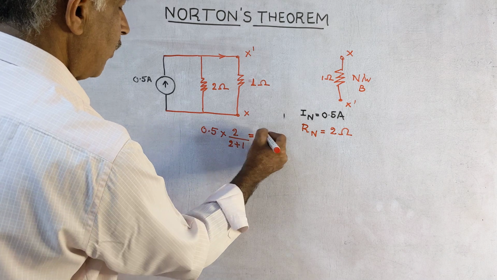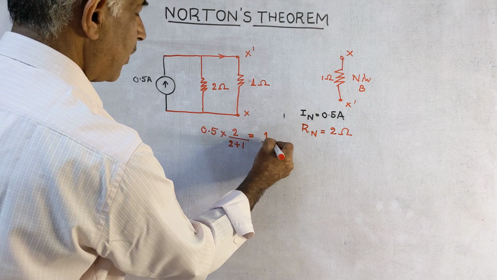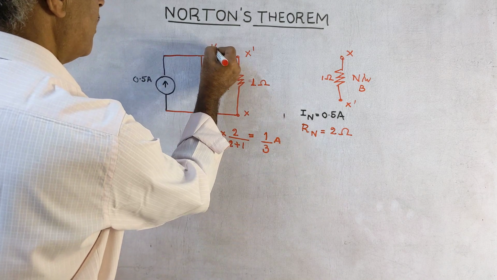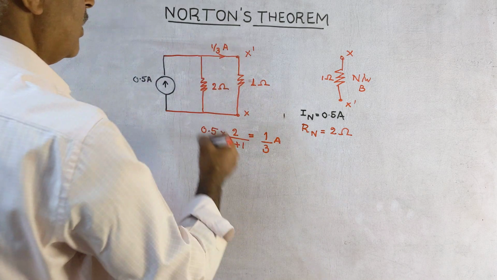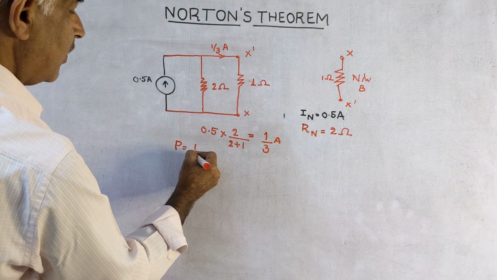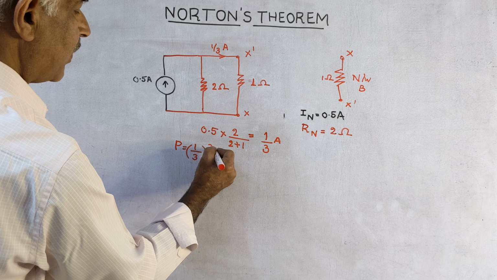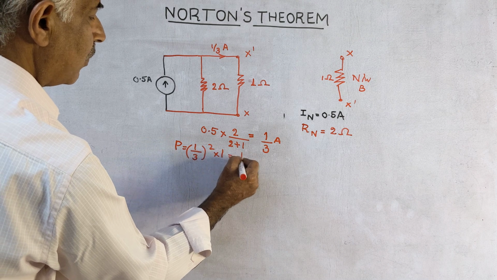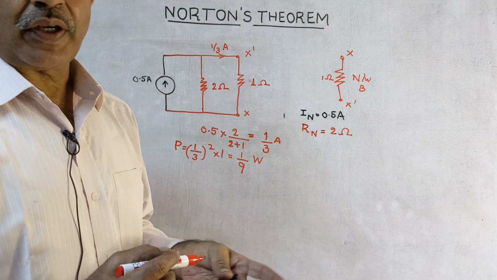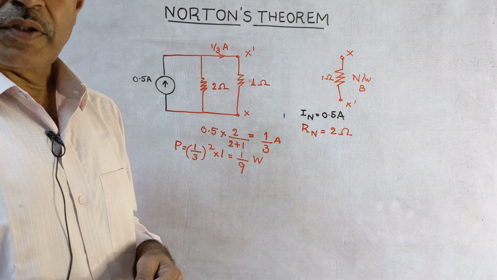Therefore it is 1 divided by 3, 1 by 3 amperes. Therefore power dissipation is 1 by 3 square into 1, that is equal to 1 by 9 watt. The same answer we got through Thevenin theorem.